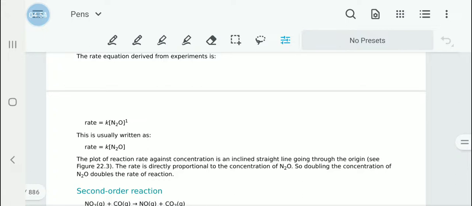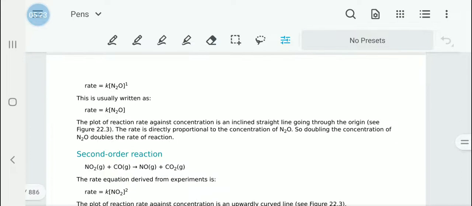If you draw that, it is an inclined straight line going through the origin. So the rate is directly proportional to the concentration of N2O. If you double the concentration, the rate of the reaction will also double. If you plot the reaction rate against the concentration, it is an inclined straight line.